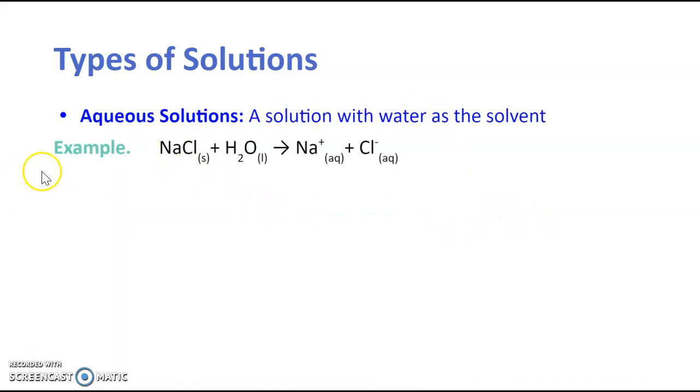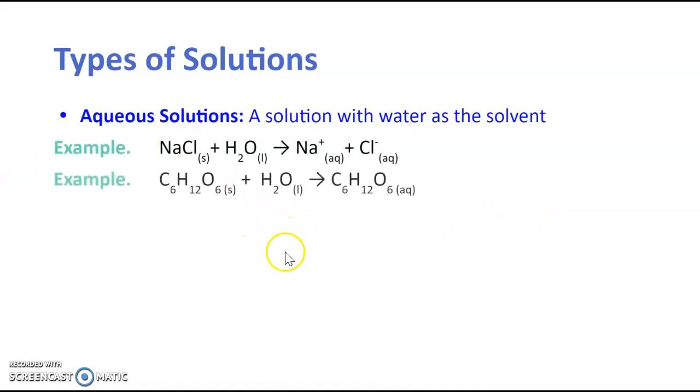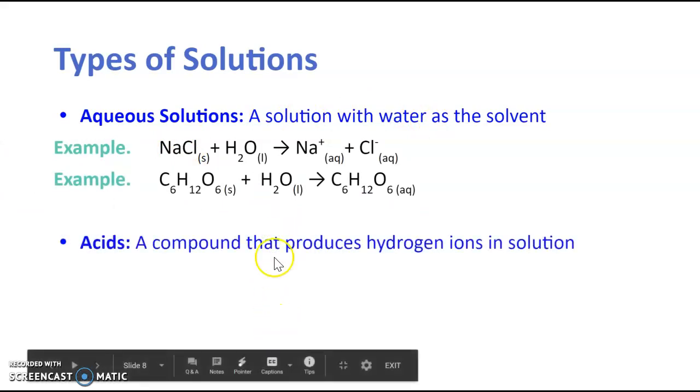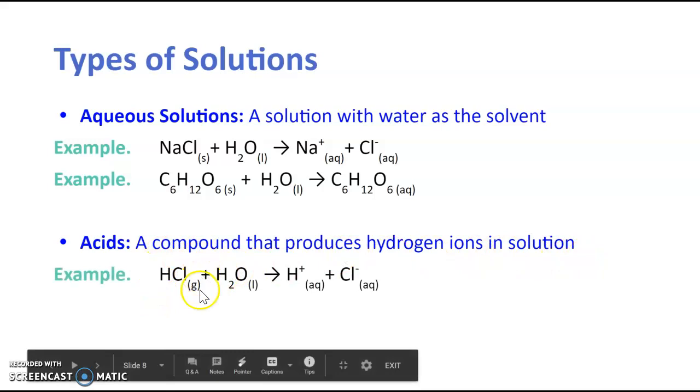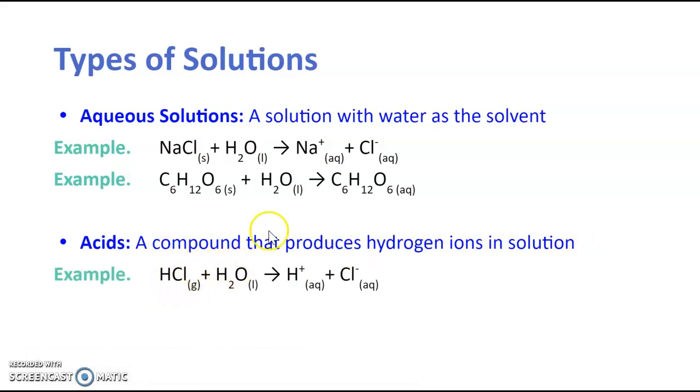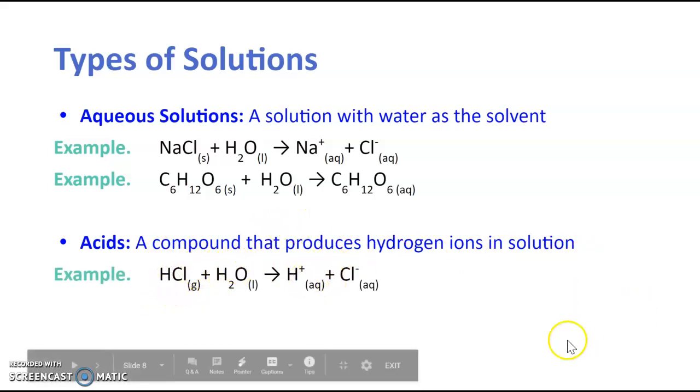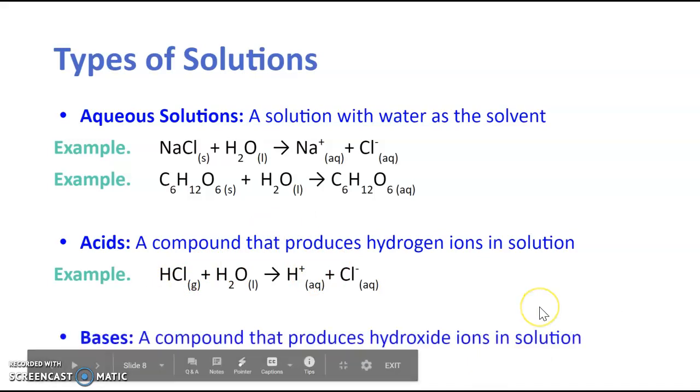So we've got our sodium chloride and water example, and we've got our sugar and water example. An acid is a compound that produces hydrogen ions when you dissolve it in water. So hydrochloric acid plus water breaks the hydrogen out. Bases produce hydroxide ions in solution.